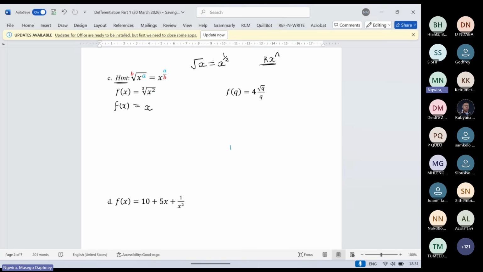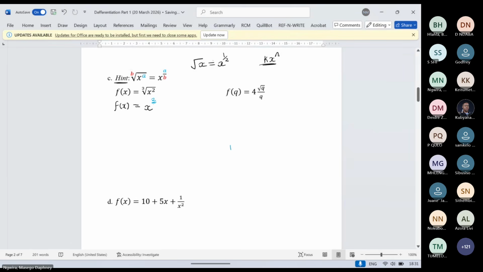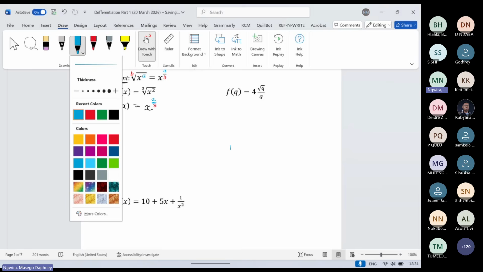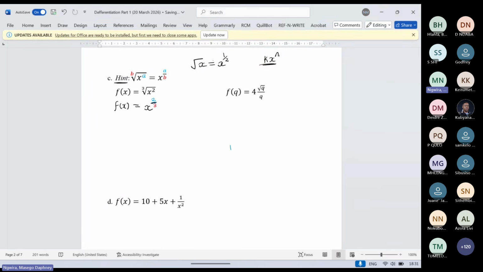So my A is 2. So this will be 2 over, and then my B is 3. I'm going to do it like this so that you can see it, you can compare it. I'm going to use colors. Be patient with me. So this will be x to the power of 2 over 3. Every time, this will be on top, this will be at the bottom.